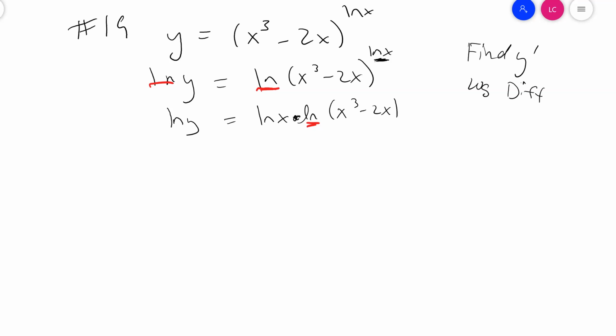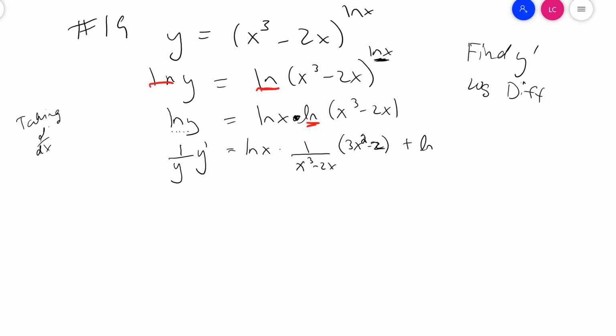The right-hand side will always have product rule, and the left-hand side will always be implicit differentiation. So I'm taking d over dx of both sides. The derivative of this with respect to x is 1 over y times y prime. This side here, product rule: first d second, plus second d first. Then I'm going to multiply both sides by y.